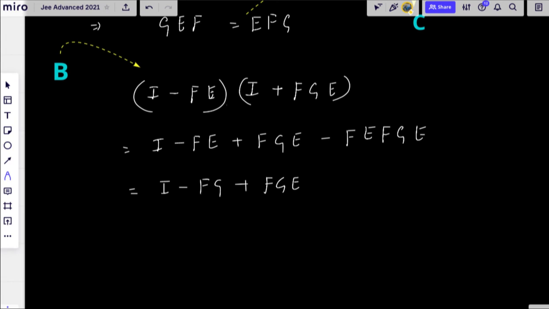So here what we have to do is I minus FE plus FGE minus, and you can take out a common factor over here.